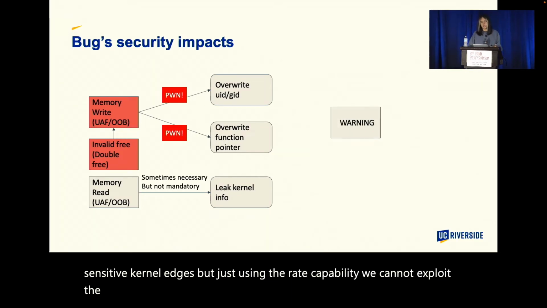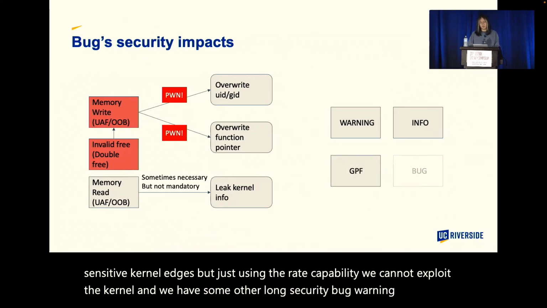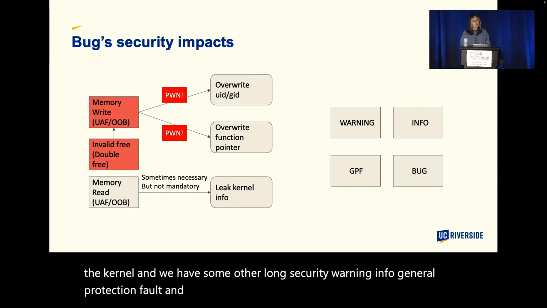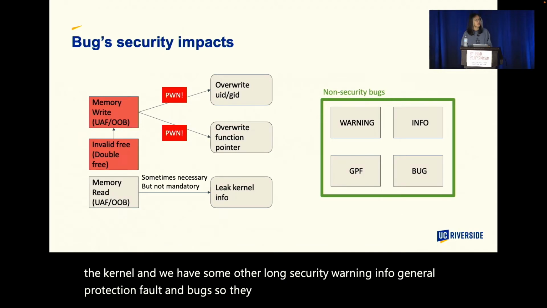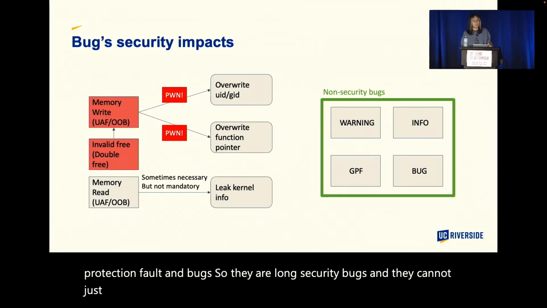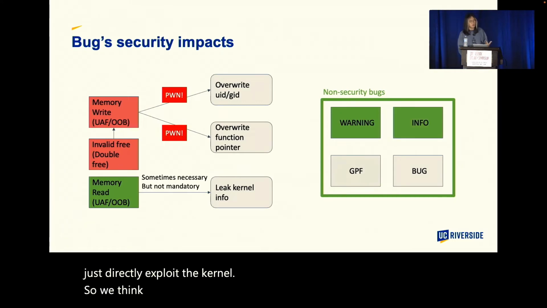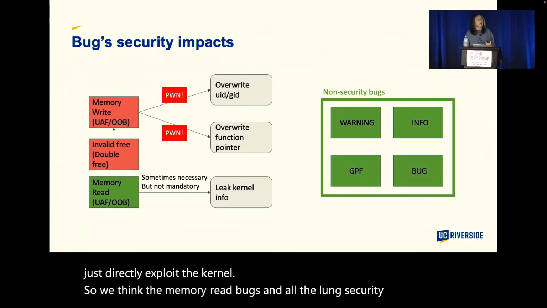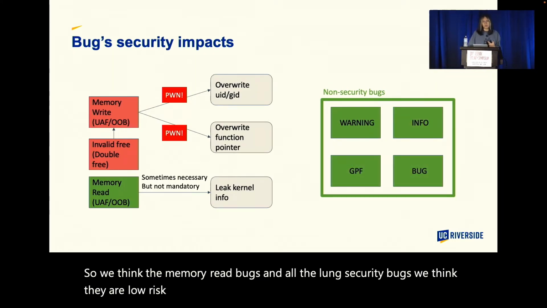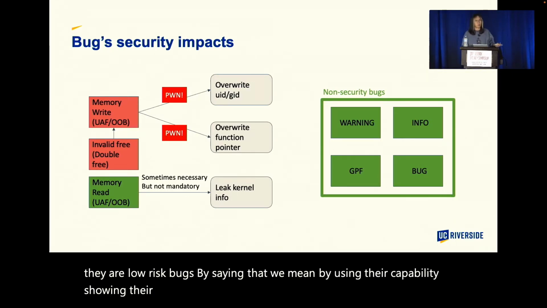And we have some other low-security bugs like warning, info, general protection fault, and bug. They cannot directly exploit the kernel. So we think memory read bugs and all the low-security bugs are low-risk bugs. By that, we mean that judging by their capability, showing their bug title, like read, like warning, we don't think they are strong enough to compromise the kernel.